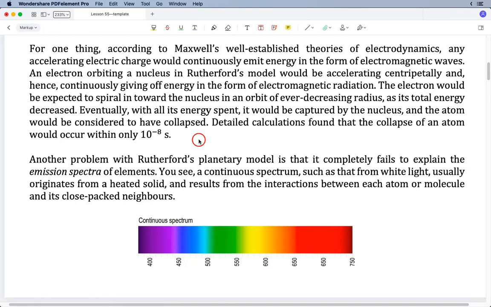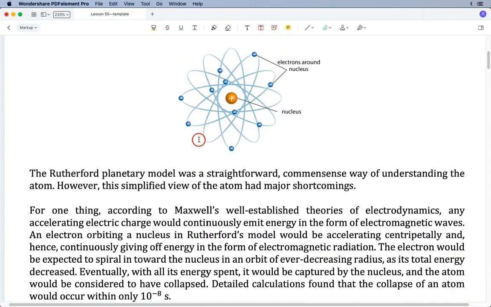When we learned about electromagnetic waves, we learned that electromagnetic waves are created anytime a charge accelerates. So if an electron, for example, accelerates, we learned that electromagnetic waves are emitted as a result of that. And this is a problem because in our model of the atom here, that's treating the electrons as planets orbiting around a star, these electrons are clearly accelerating.